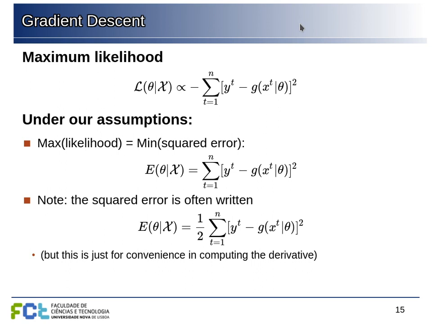But the idea is that we're going to minimize this quadratic error by looking at the derivative of this error function at each point that we are considering. So each point is a combination of parameters, and then we are going to move our parameters in order to slide down this error function.